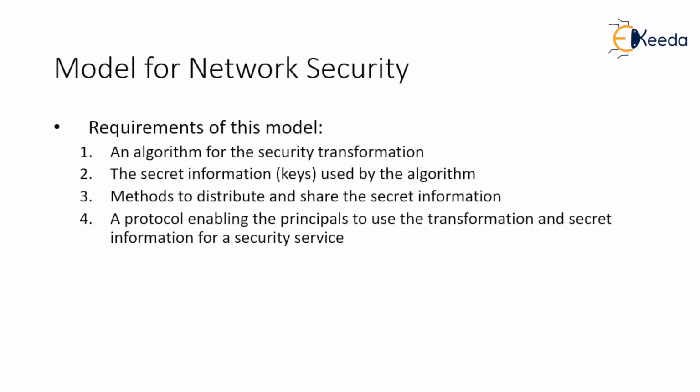Basically, these requirements tell us that the working of this network security model has to be followed by having all these things: we require an algorithm, and we require a shared key, which is considered a secret key.